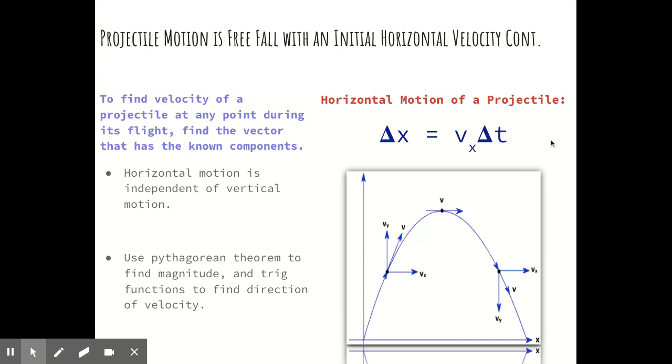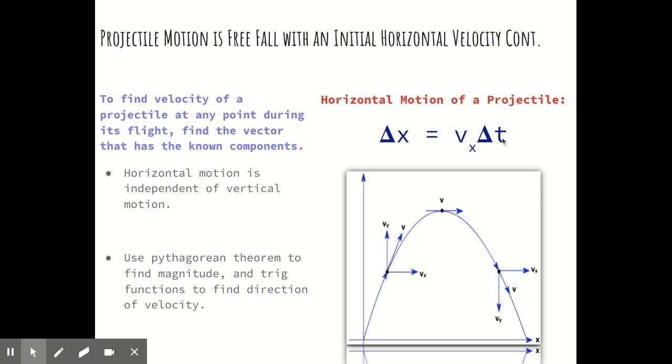So to continue this, you're still going to have some of these familiar formulas here. This formula in particular is the horizontal motion of a projectile. Again, delta x is going to be your change in displacement or your change in position. So we're going to have delta x is equal to velocity of x times the change in time.